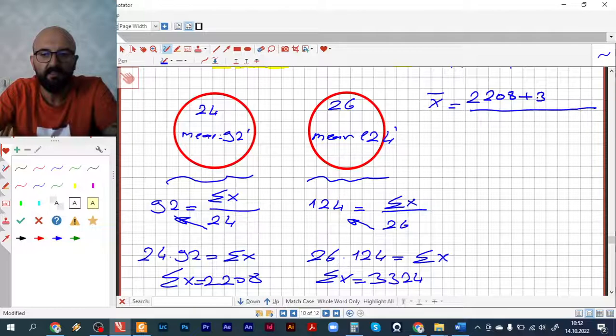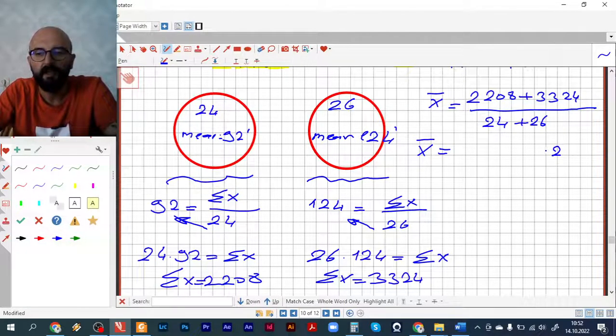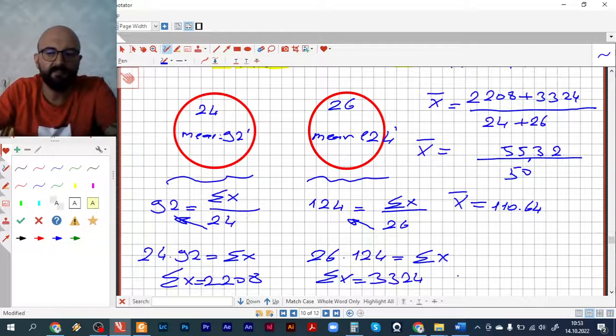2208 plus 3324, and the total of all films, 24 films in the first group, 26 films in the second group, means 50, and the mean of all values is 110 and 64.